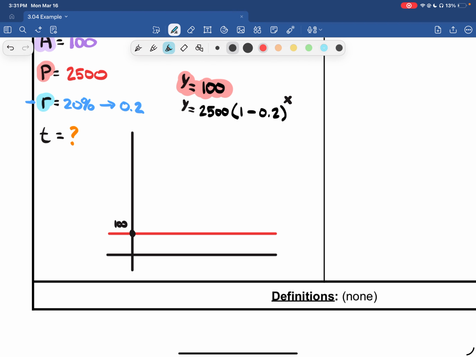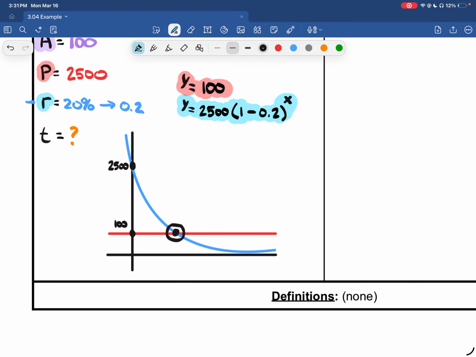And if I do this one in blue, I'll have a curve that looks something like that. So the intersection is what I'm most concerned about.